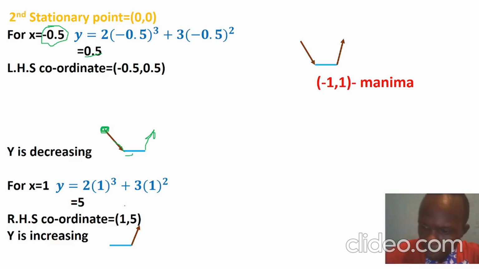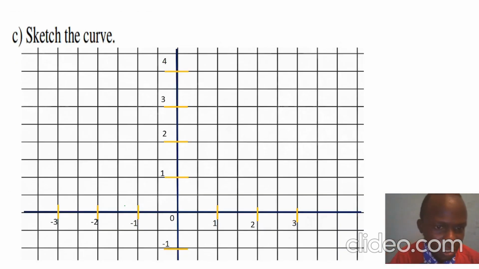Now, after getting the x-intercept, the y-intercept, the stationary points, and determining the nature of the stationary points, we get to the juicy part, that is the sketching of this particular curve. The question asks, sketch the curve.